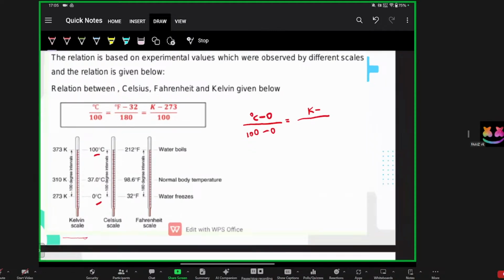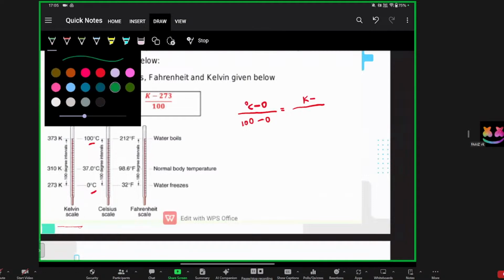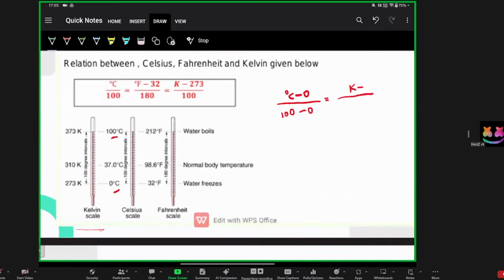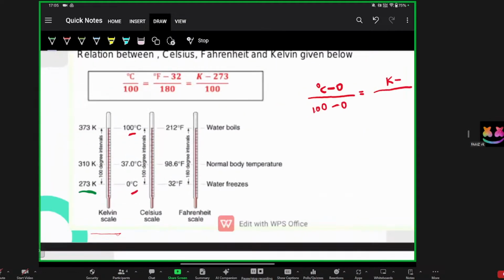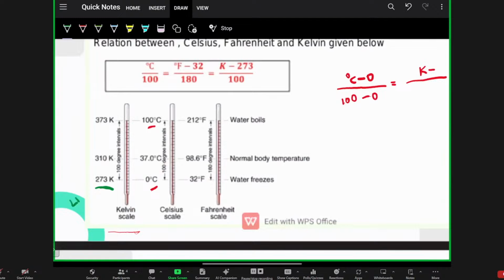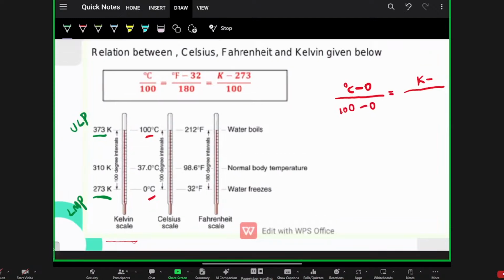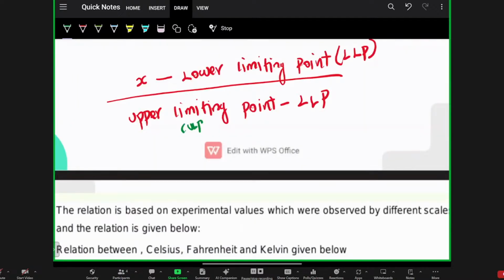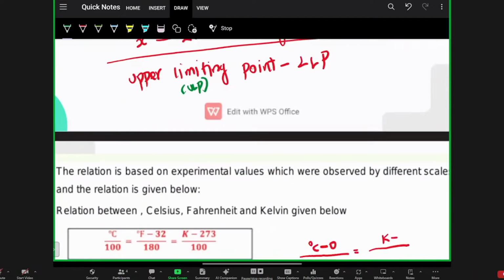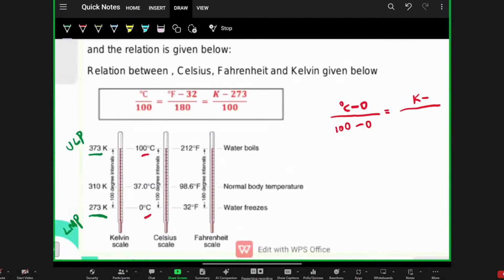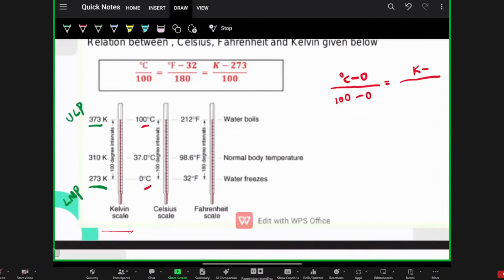In Kelvin scale, the lower limiting point is 273. In Kelvin scale, the upper limiting point, that is ULP, is 373. I can use the abbreviation ULP here. So the upper limiting point is 373 Kelvin and the lower limiting point is 273 Kelvin.